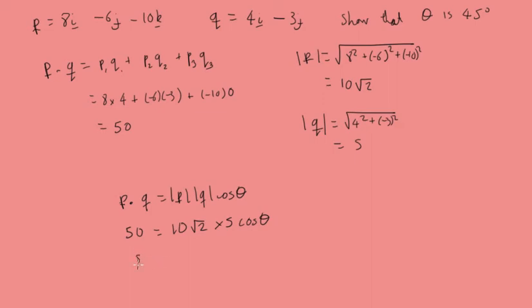So 50 over 50 root 2 equals cos theta. So theta is going to be the inverse cos of, so the 50 cancel out, 1 over root 2, which is 45 degrees, which is what we want.